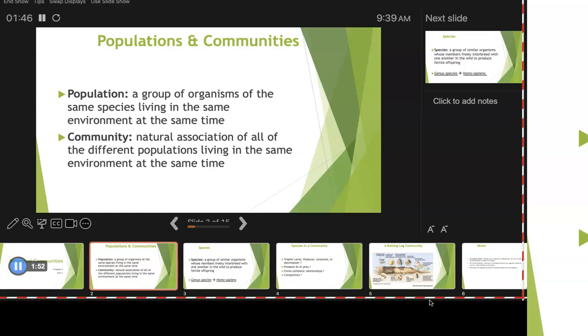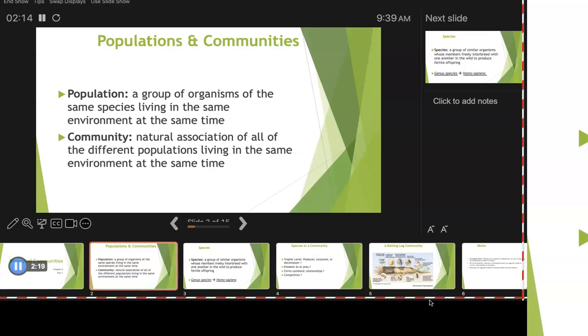A population is a group of organisms of the same species living in the same environment at the same time. Same, and same. And a community is a bunch of different populations, same environment, same time.